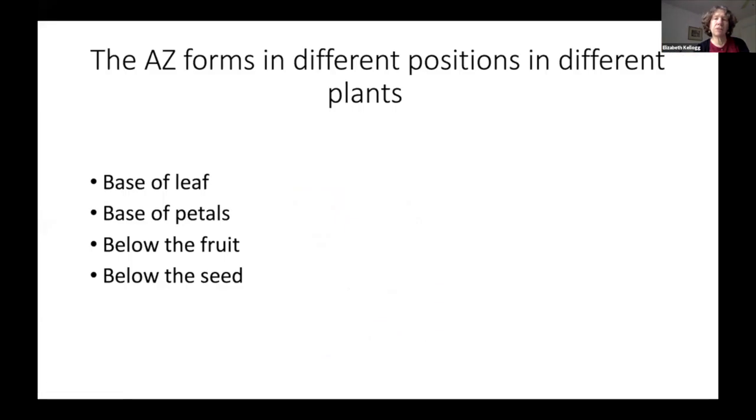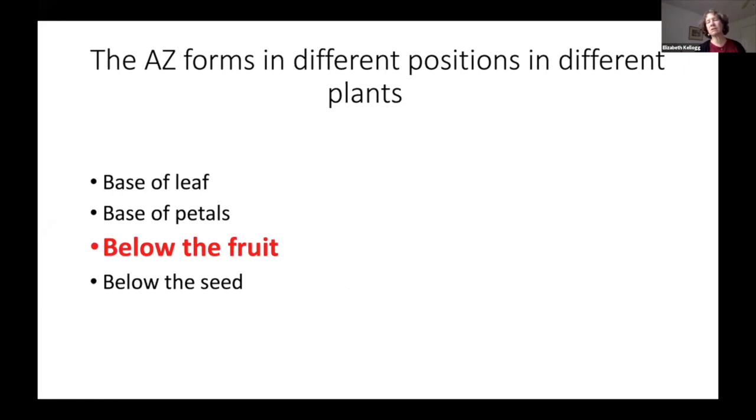And it can form in different positions in different plants. So it can be the base of the leaf, the base of the petals, below the fruit, below the seed. So it's something that happens in a lot of parts of the plant. Today, I'm going to be focusing particularly on abscission below the fruit.